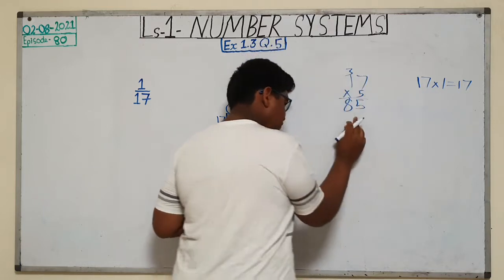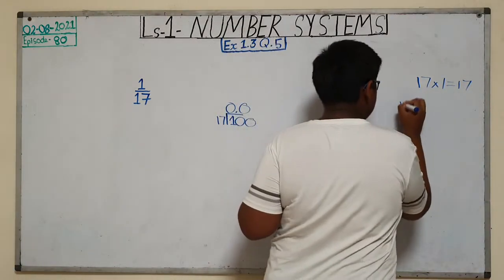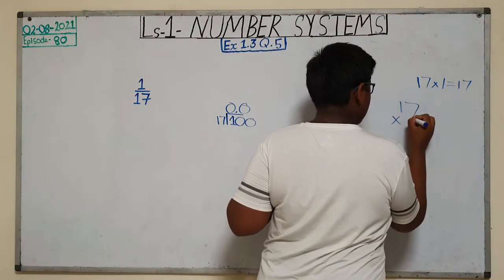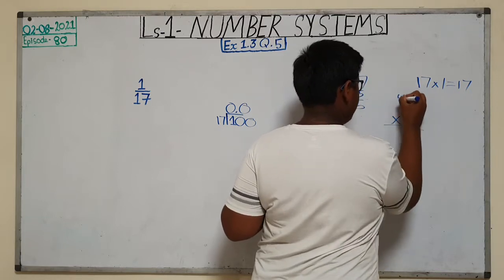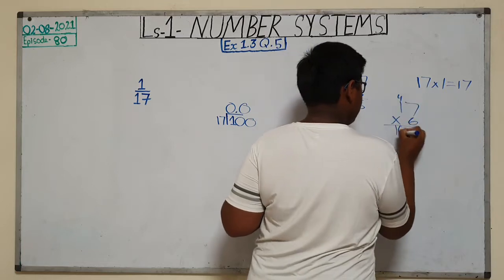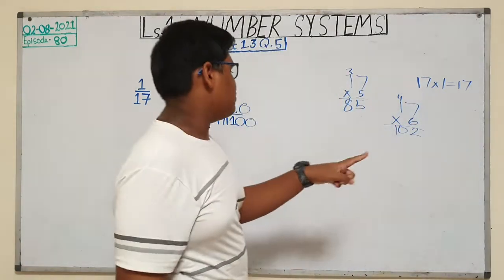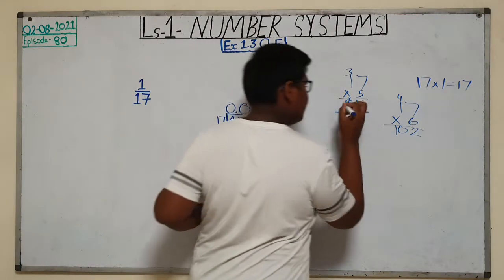So we have 85. And what if we take 17 into 6? I think we will get above 100. 7 sixes are 42, 6 ones are 6, plus 4 is 10. Yes, we got above 100, so we can't take 102. So we will go with 85.